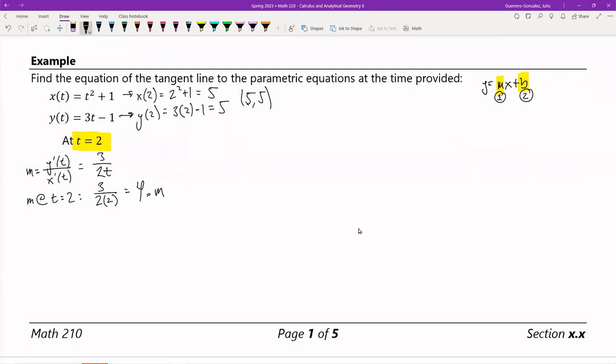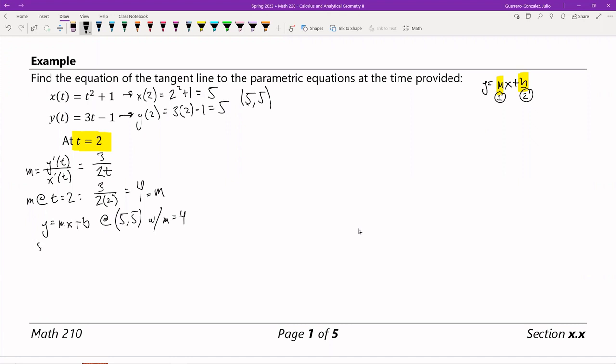Okay, so now we're sort of off to the races. We're ready for this, right? So y is equal to mx plus b, at my point 5, comma 5, with m equal 3 over 4. So now I get to fill this in and solve it out.